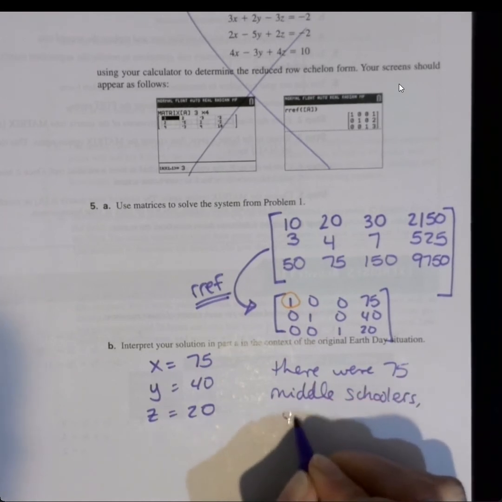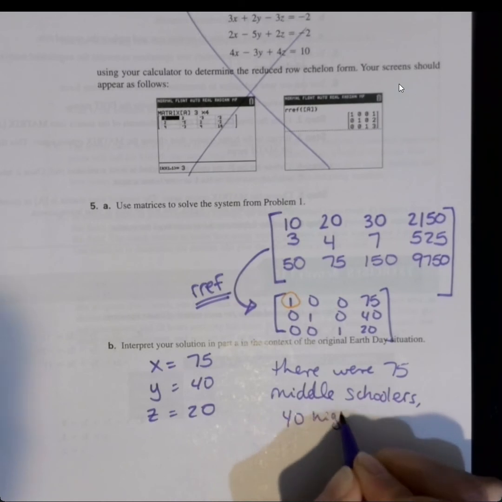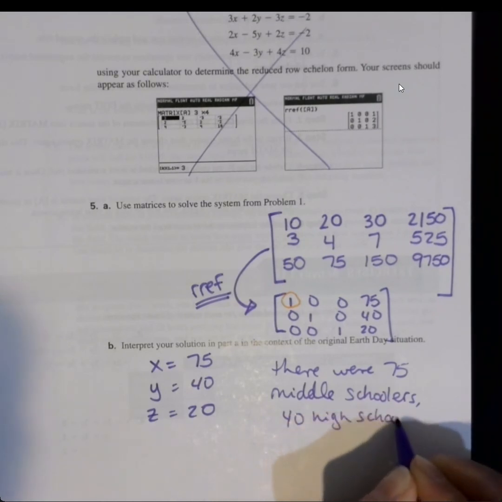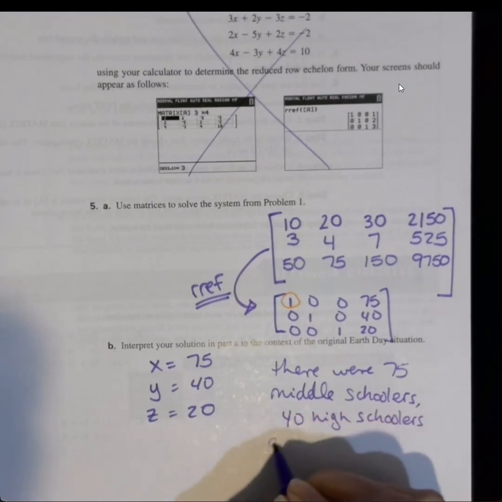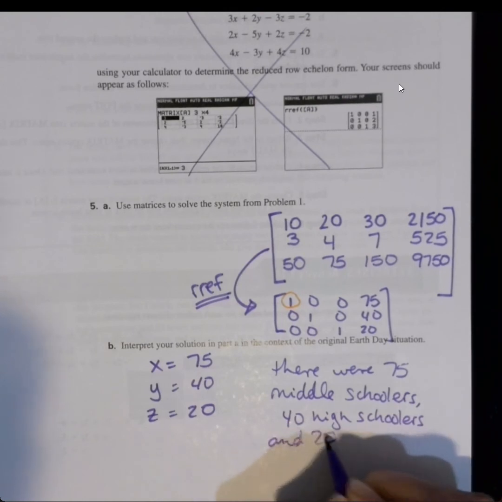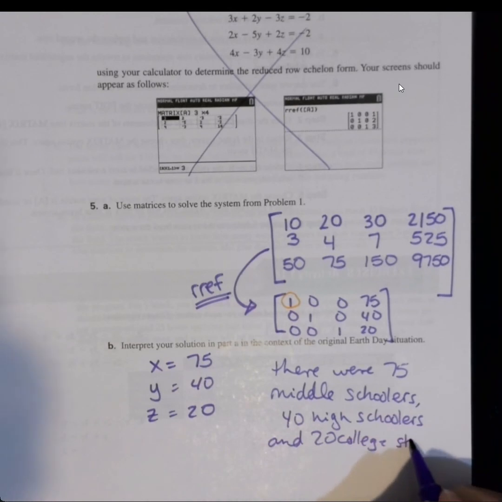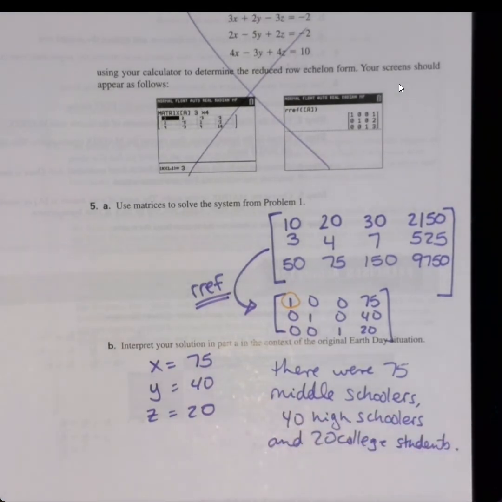There were 40 high schoolers. And 20 college students. And that finishes this question.